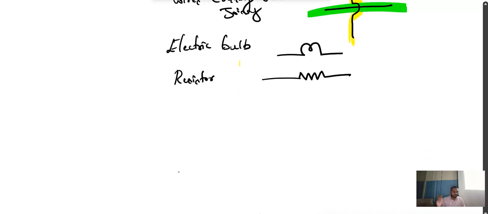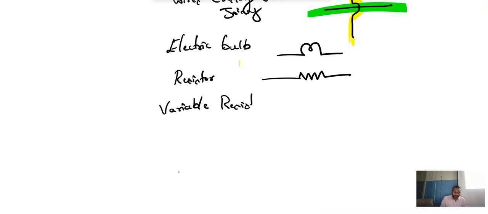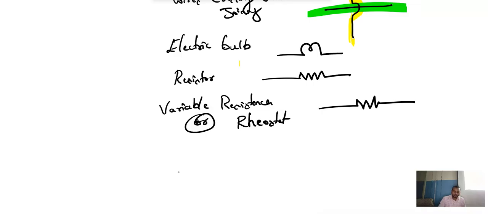A resistor of resistance R. And then we have variable resistance, that is also called a rheostat. So this is a resistance. If we draw one arrow mark like this, both are the same. So this is variable resistance or rheostat.